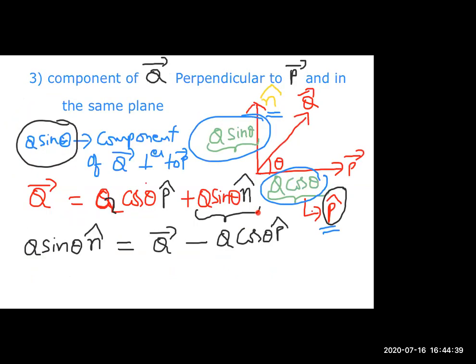So what will be the answer now? Carefully you tell me the answer, beta. Yes, q bar minus q cos theta p cap means I can write q bar minus q bar dot p cap into p cap. This is q sin theta n cap.